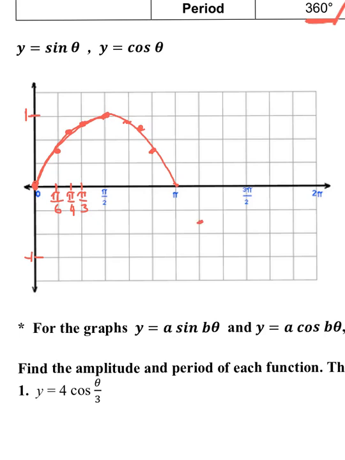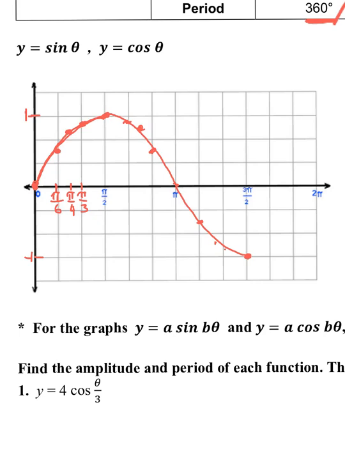Then continuing that same pattern, I would get something right around here, and then at 3 pi over 2, I get that sine is at negative 1. Connect those dots right there.